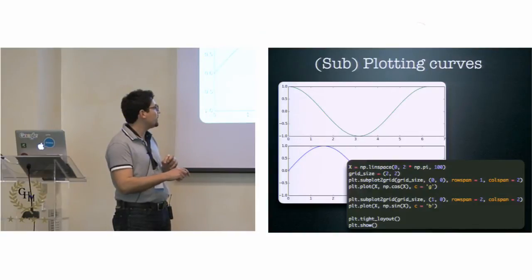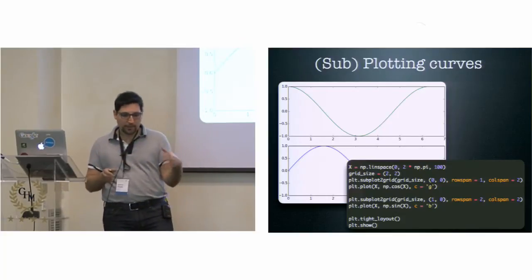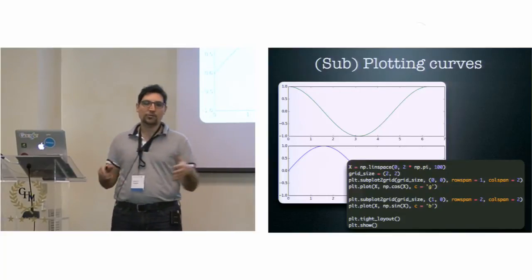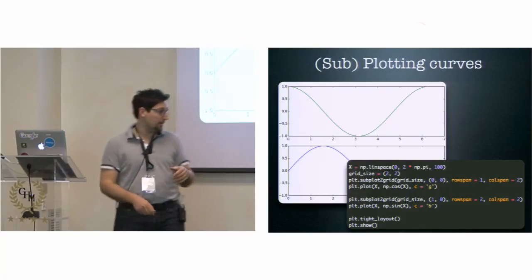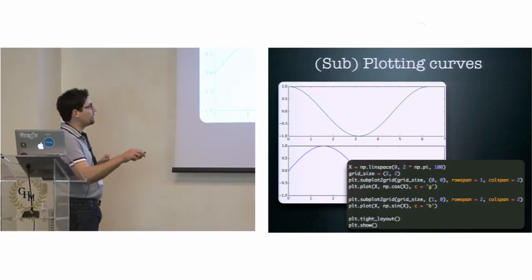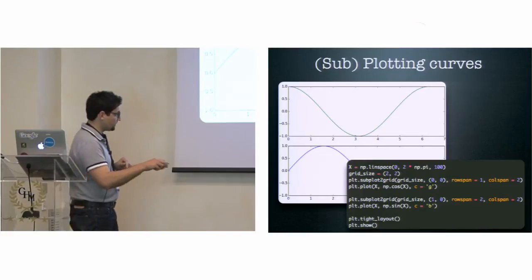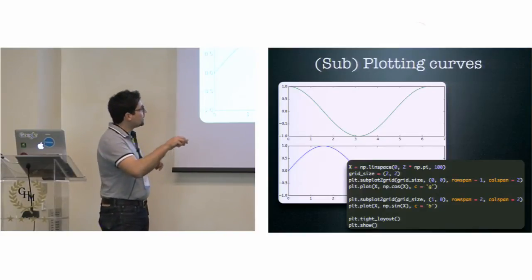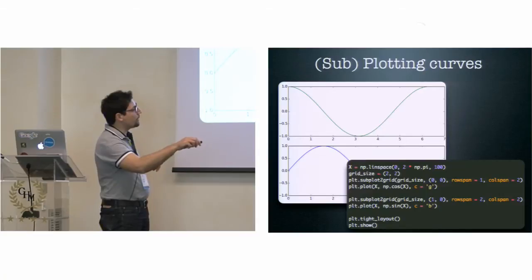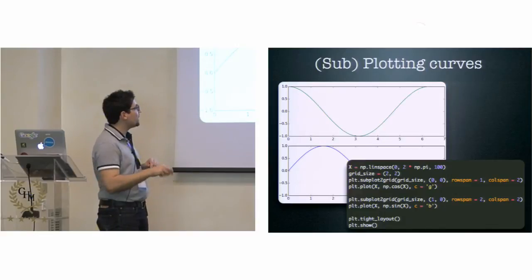Matplotlib offers this function, which is called subplot2grid, that allows you to arrange the different plots in a grid. In this case, we create a grid of 2 rows and 2 columns. The first plot here spans 1 row and 2 columns, and the same for the second one. In the upper part of the grid, there is the cosine function, and the sine function is on the lower part.